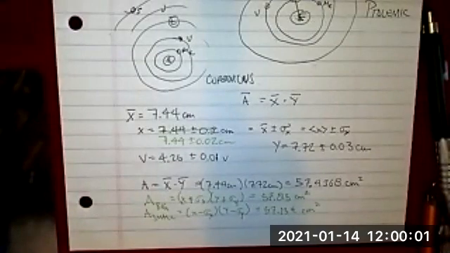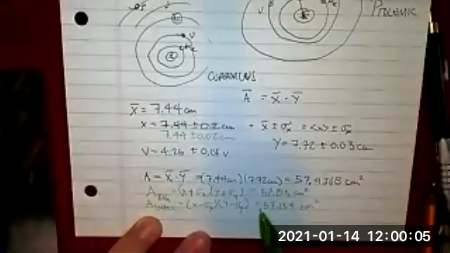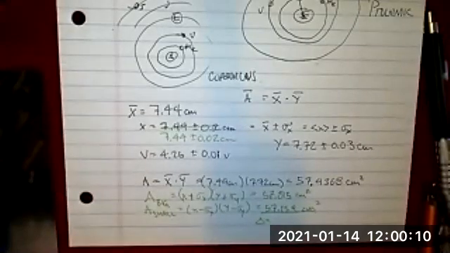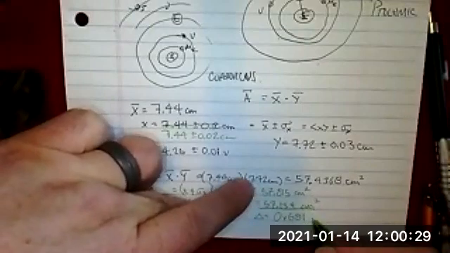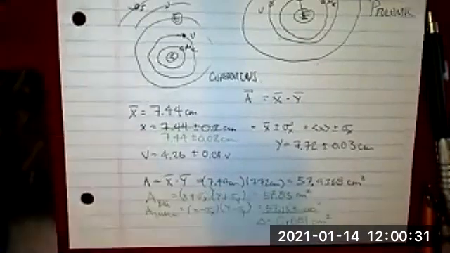So I see the difference in these two. Biggest minus smallest, the delta is just going to be the top number minus the bottom number. And I get 0.681 square centimeters.